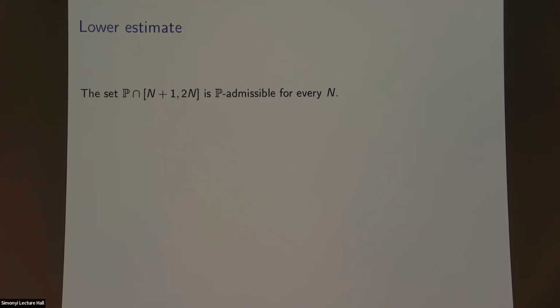First, observe that when you take primes in the interval n+1 to 2n, then this set is P-admissible for every n. And the number of primes in this interval is p_2n minus p_n, and this is something like n by log n.